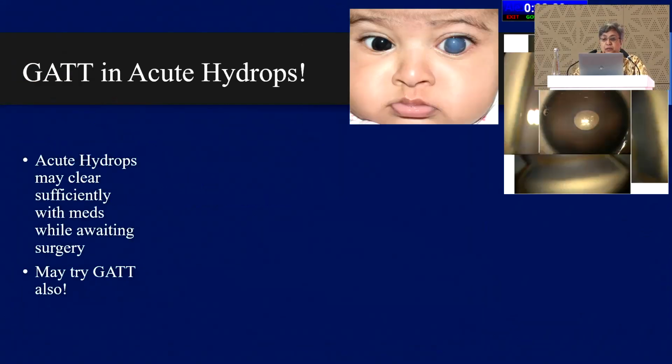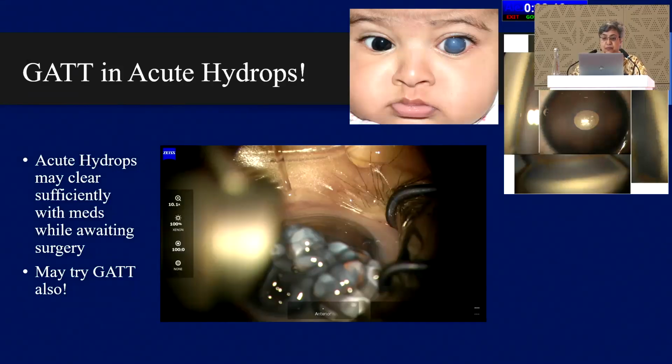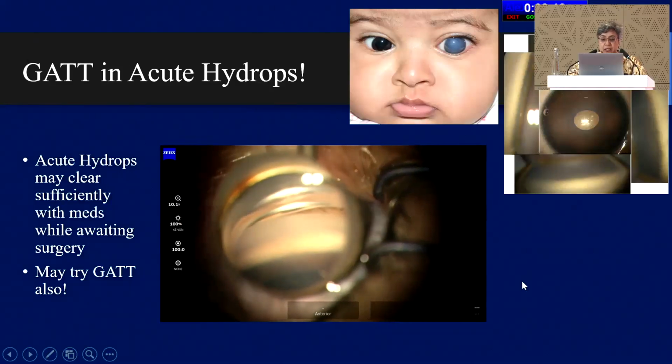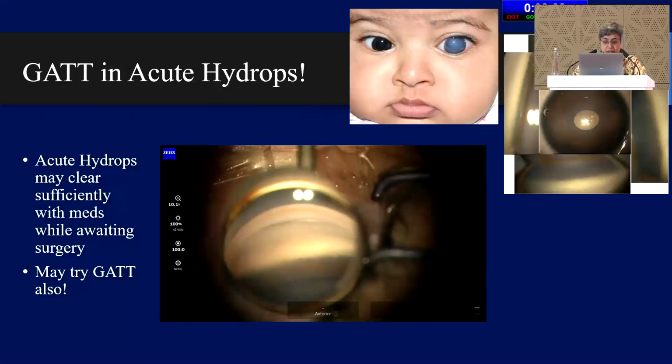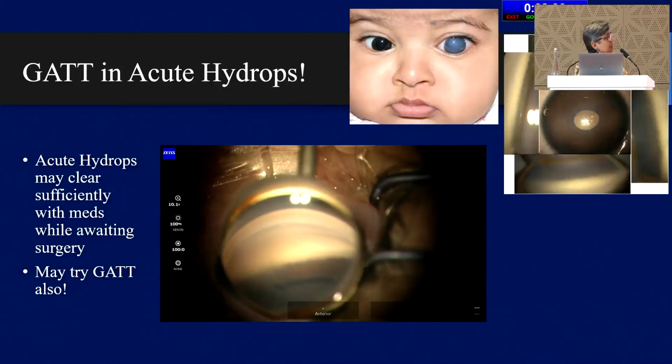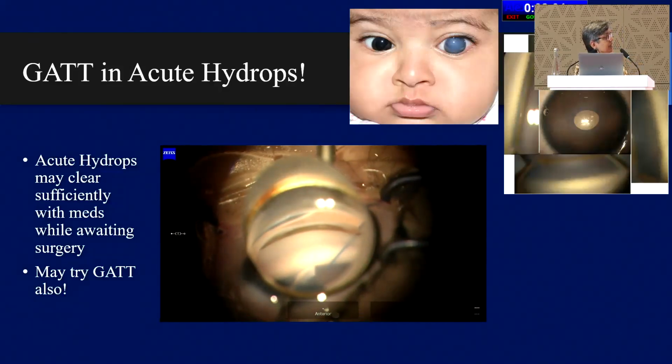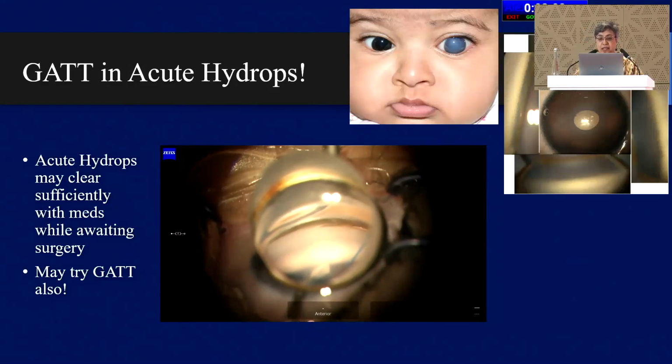Right. So going further, now that we are in the era of MIGS, and I can say I'm a very happy GATer, we wondered whether we could do this in acute hydrops. Sometimes you realize that even though the cornea is so hazy, superonasally it's still a little clear.